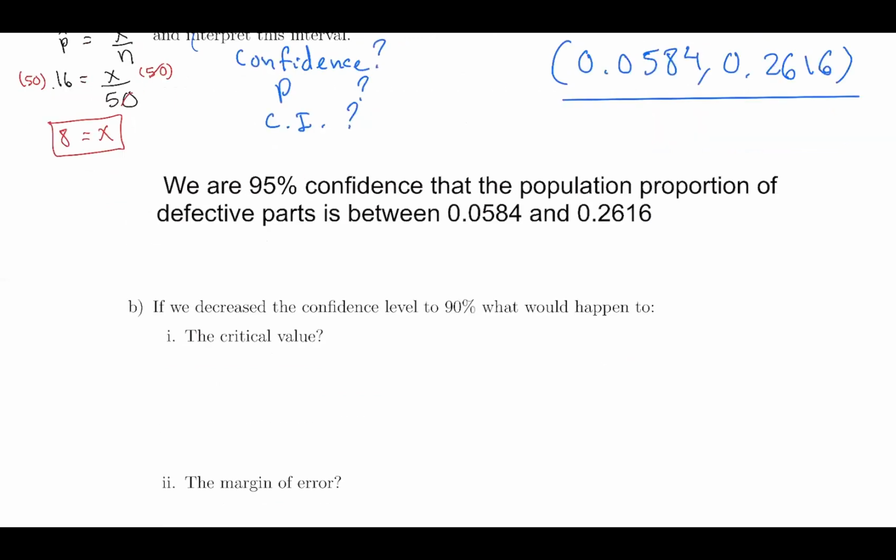And that's your interpretation. So we're going to say we are 95% confident that the population proportion of the affected part is between 0.0584 and 0.2614. And we're all done with A. Any question in regard to A?